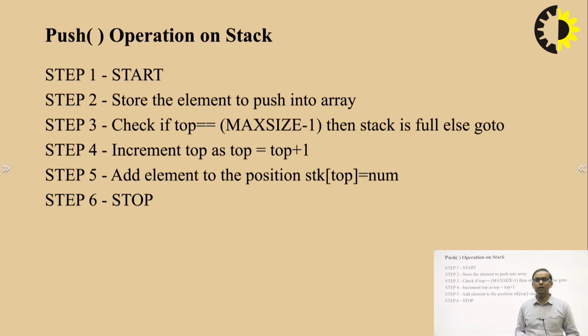After that, for the second element, again we increase the value of top by 1. It means top is equal to 0 plus 1, which is 1. So the second element will be stored at index 1. In this way, before inserting a new element in the stack, at first we increase the value of top by 1, and at the new value of top we insert the element.